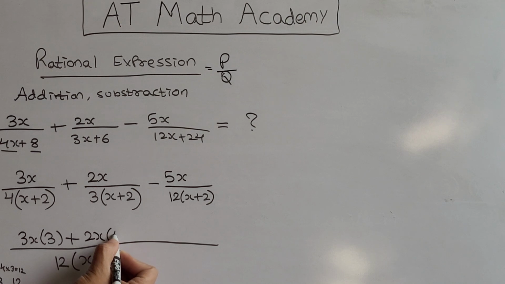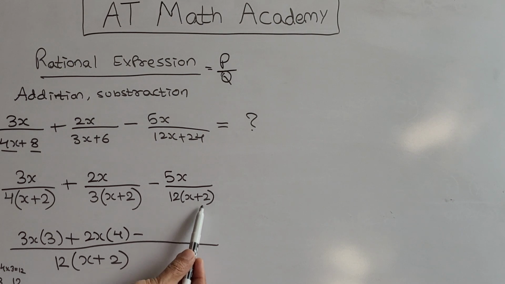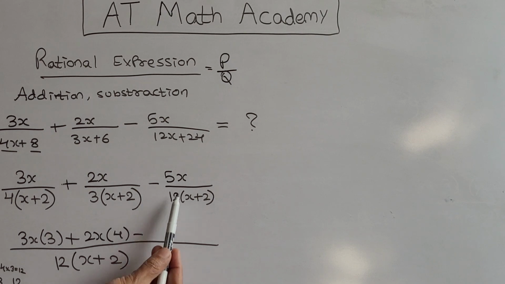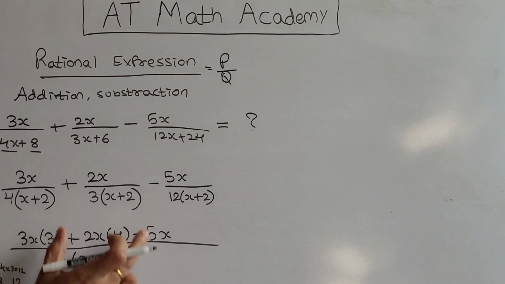So 2x is multiplied with 4, and I have the negative sign here. The denominator for the third term is 12 into x plus 2, and our common denominator is 12 into x plus 2. Both remain the same, so there is no need to multiply this fraction. We write the numerator as it is, which is 5x.